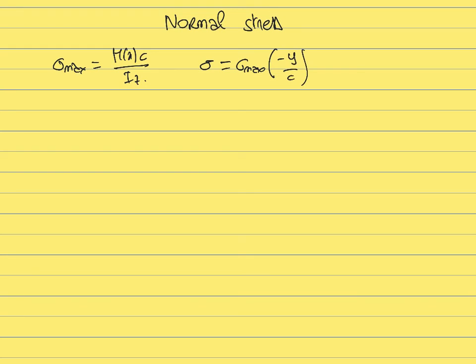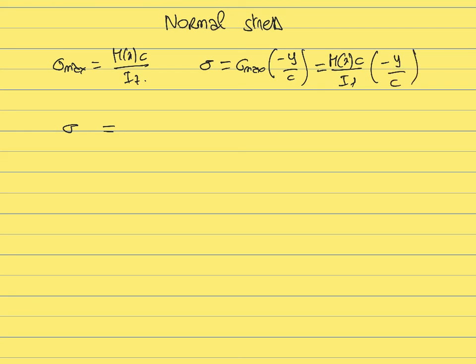So by combining those two expressions, I now have an expression that gives me sigma, the normal stress, for every position y along the cross section. I can just replace the maximum normal stress by Mc divided by Iz times minus y divided by c.